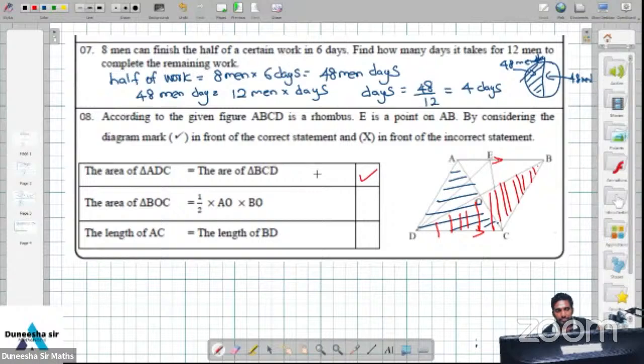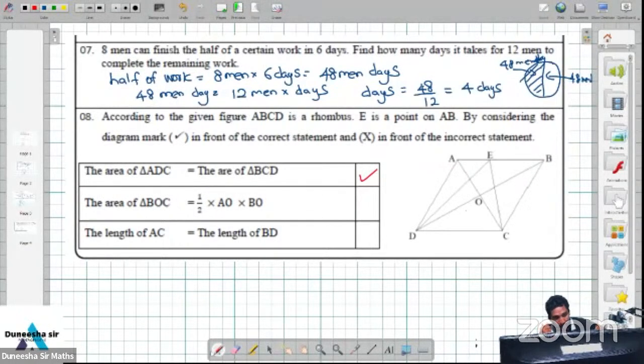They become equal. The area of BOC. Mark this: these two triangles are equal in area, because they are between the two parallel lines. BOC. What is BOC? This one.